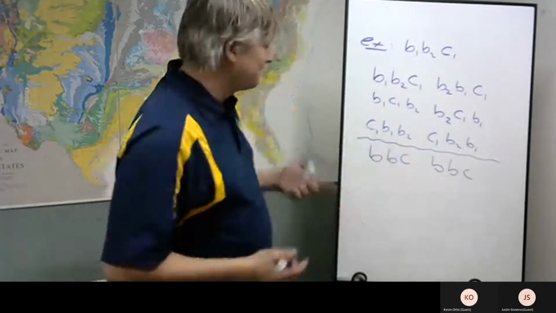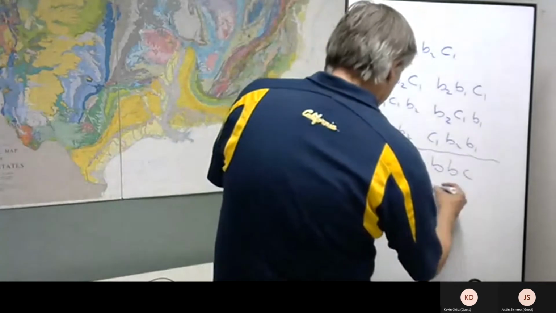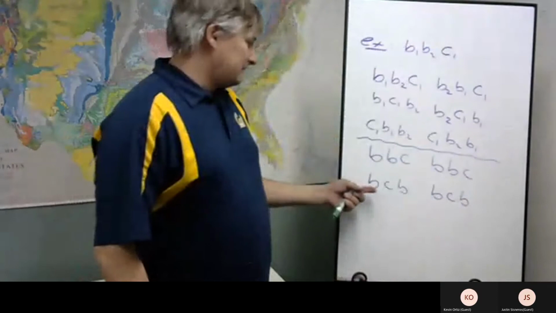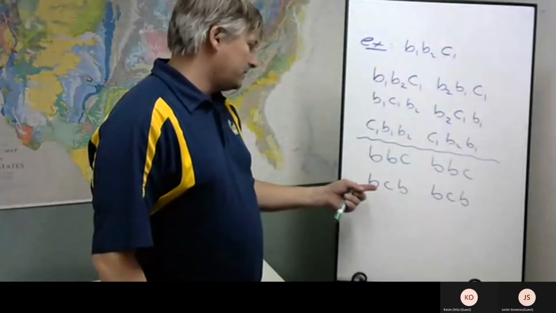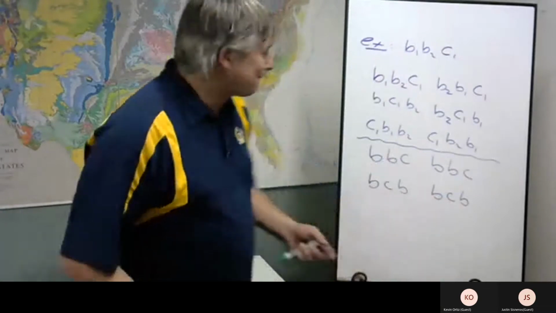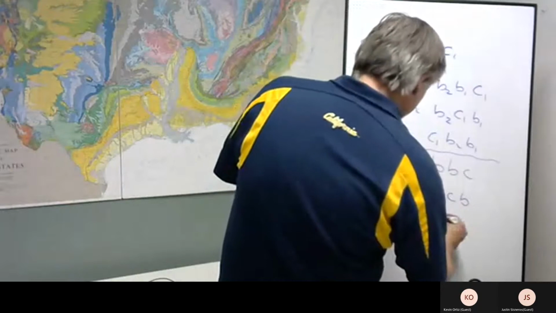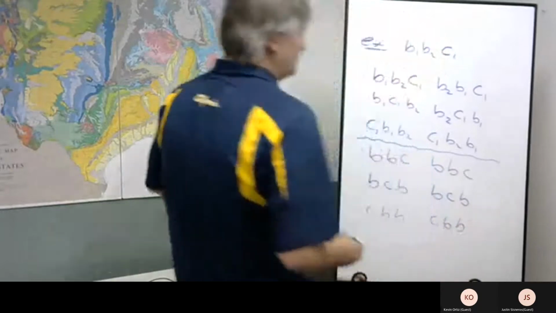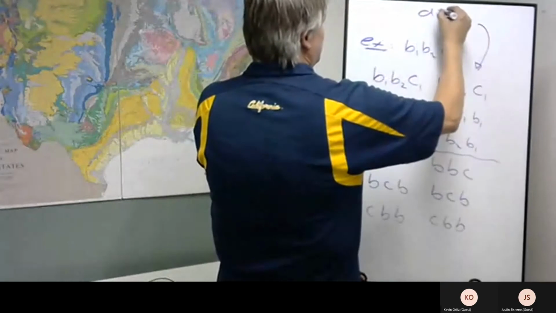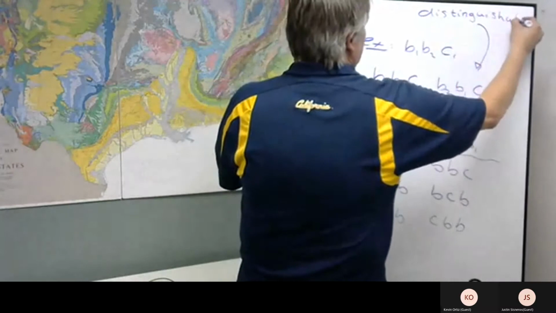We can't tell. We're going to get into similar issues over here. Again, is this where B2 and B1, or is this B1 and B2? Can't tell. And then again, same situation. So these right here are distinguishable.